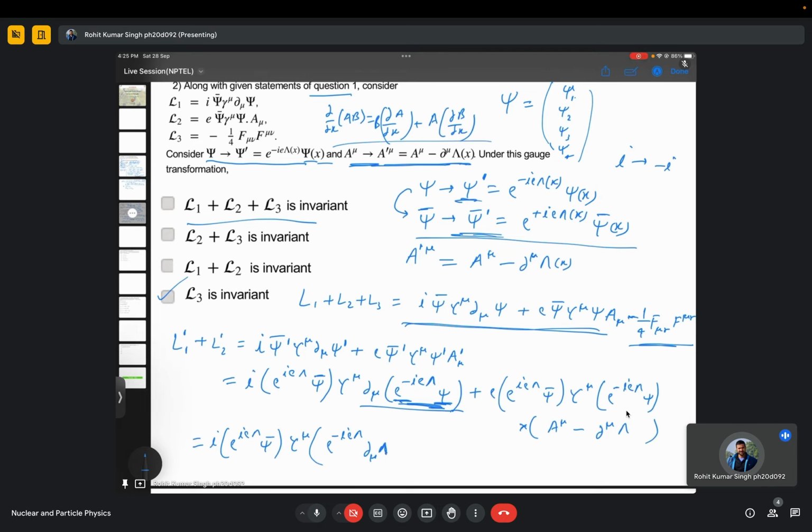If lambda had been a constant, then this would essentially have been 0, but since lambda is a function of x, we have psi plus, here we will differentiate psi keeping the exponential constant. Okay, so this is what you get by differentiating whatever we have in the big bracket.